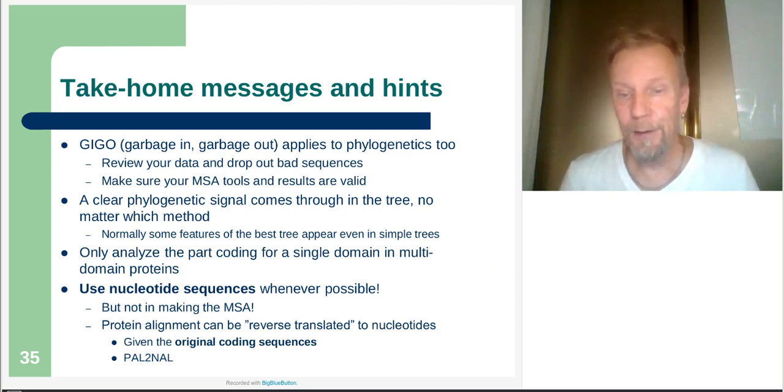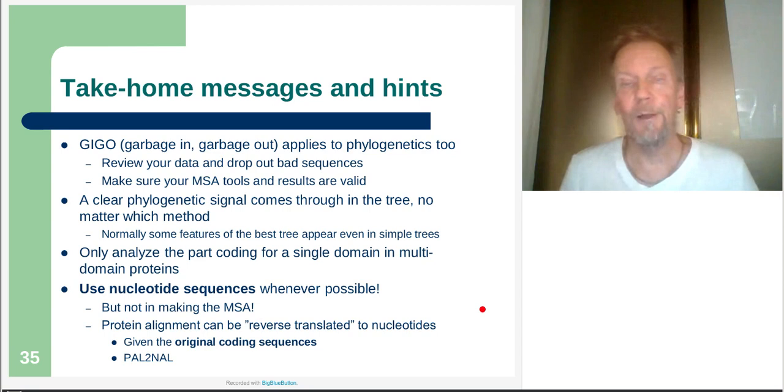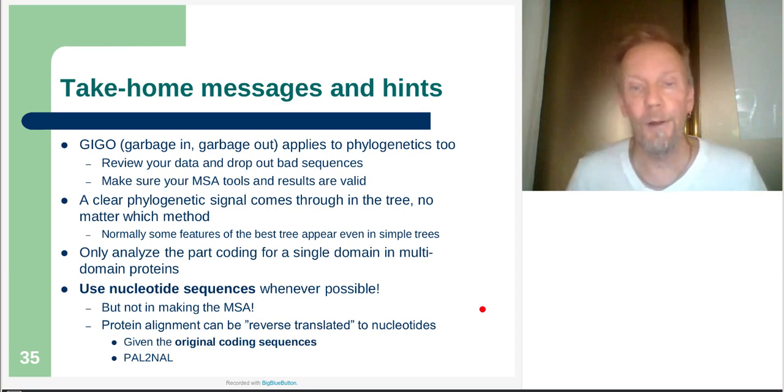So I had to go back to DNA alignment. But it is not a good idea to do multiple sequence alignments based on DNA, because the risk of misalignment is larger.